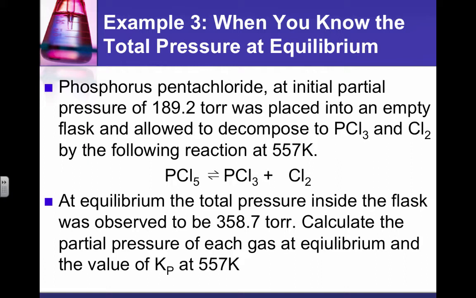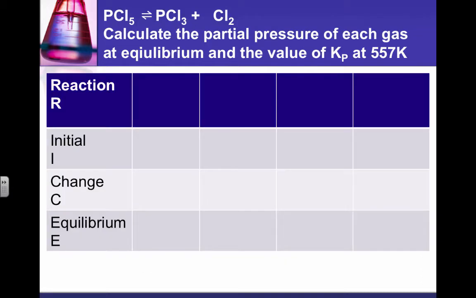We're supposed to calculate the equilibrium value, but what we do know is the total pressure inside the flask at equilibrium. So we're going to use that to figure out the partial pressures of each gas once it's at equilibrium and the value of Kp. And of course, the whole thing has to happen at the same temperature or the equilibrium constant would change.